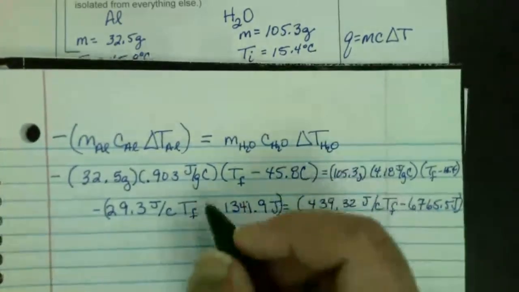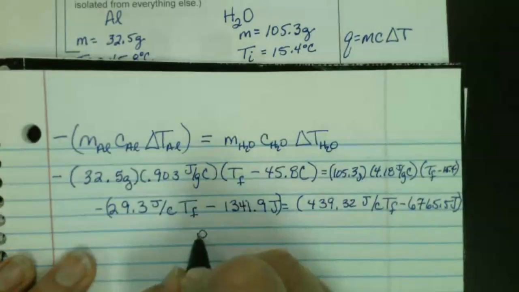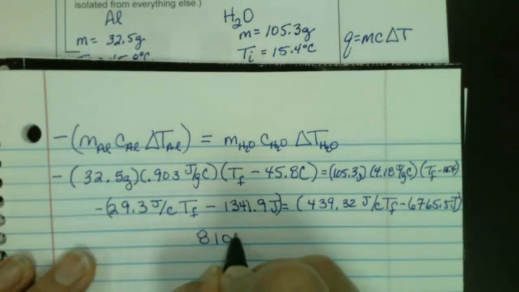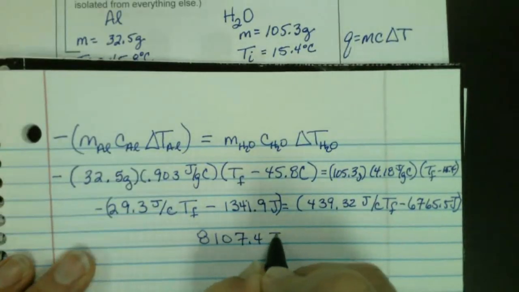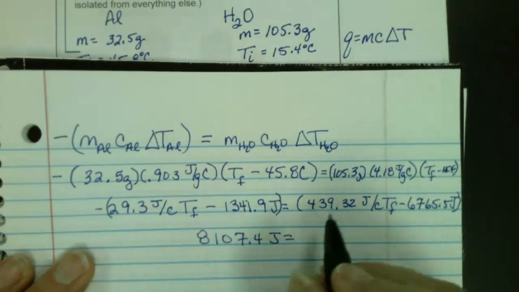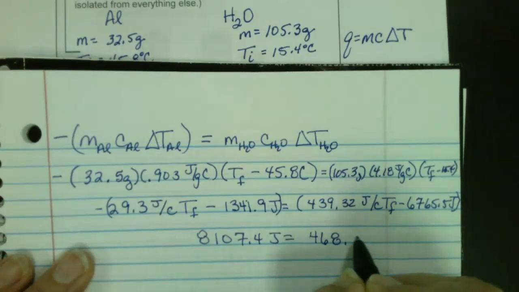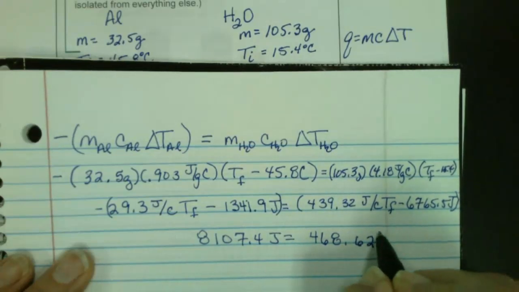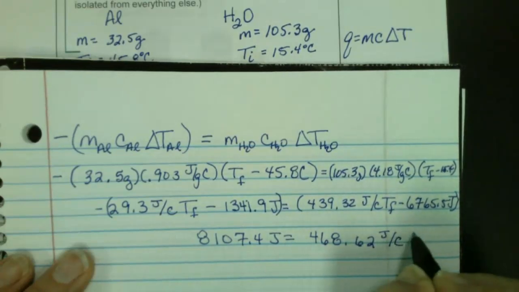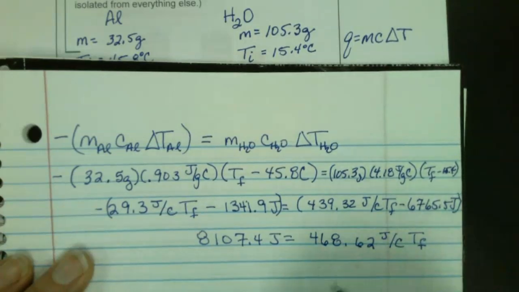When we combine like terms, I end up with... I'm going to divide both sides to get T final by itself.